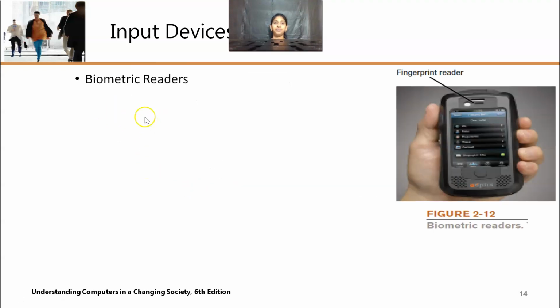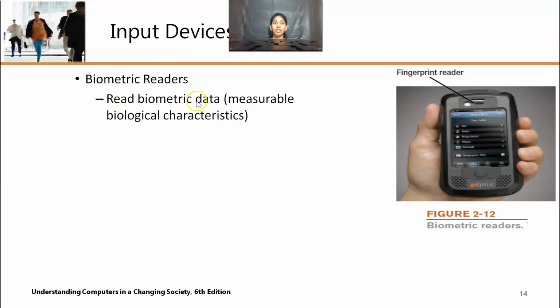Biometric readers. Biometric is nothing but your fingerprint data, your face, your voice data, and so on. Biometric readers will read biological characteristics. They measure biological characteristics like fingerprints, hand geometry, face, voice, and so on.